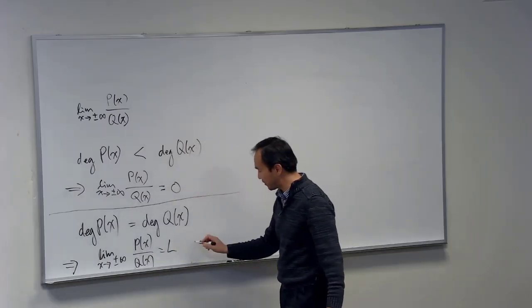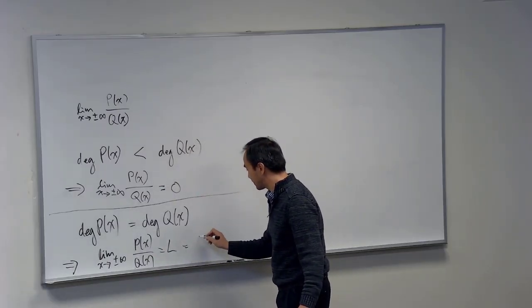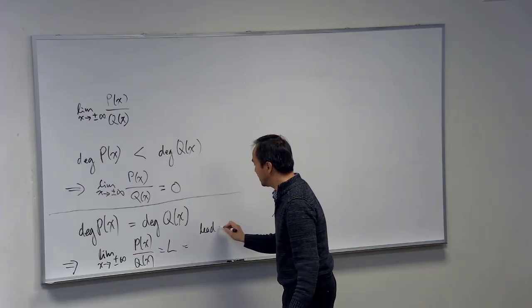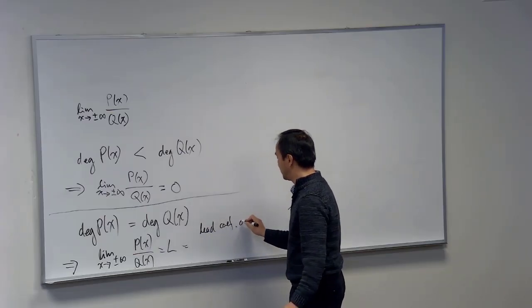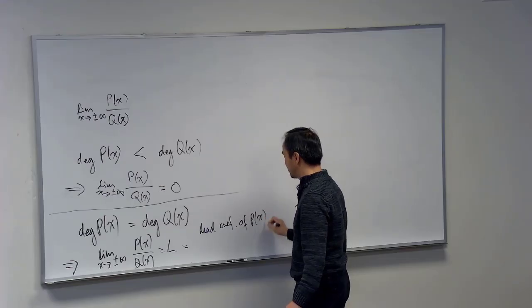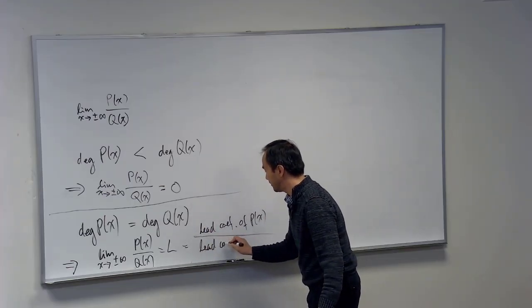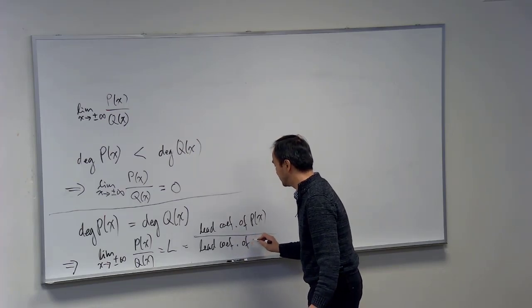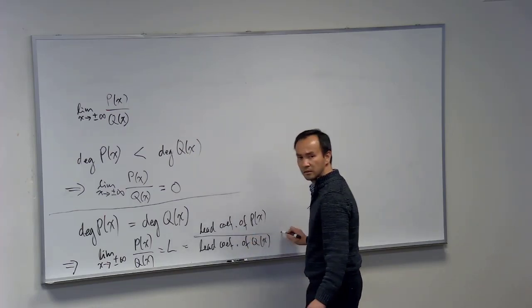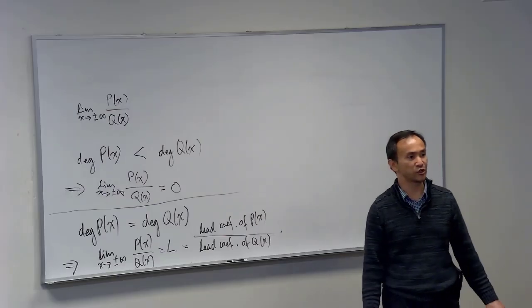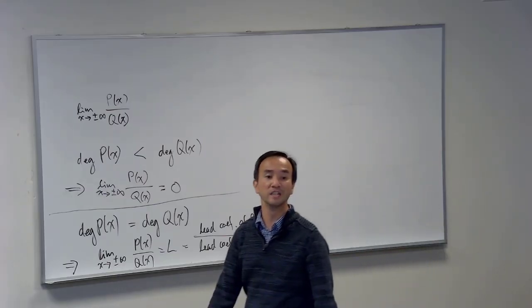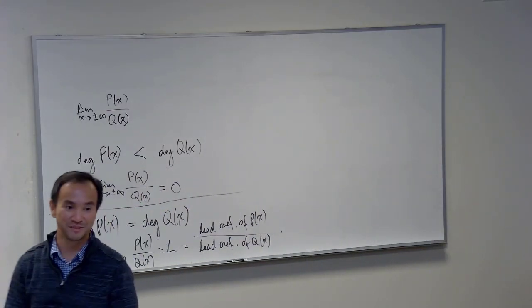This finite value is the lead coefficient of p(x) over the lead coefficient of q(x). For short, people say it's the ratio of the two leading coefficients.